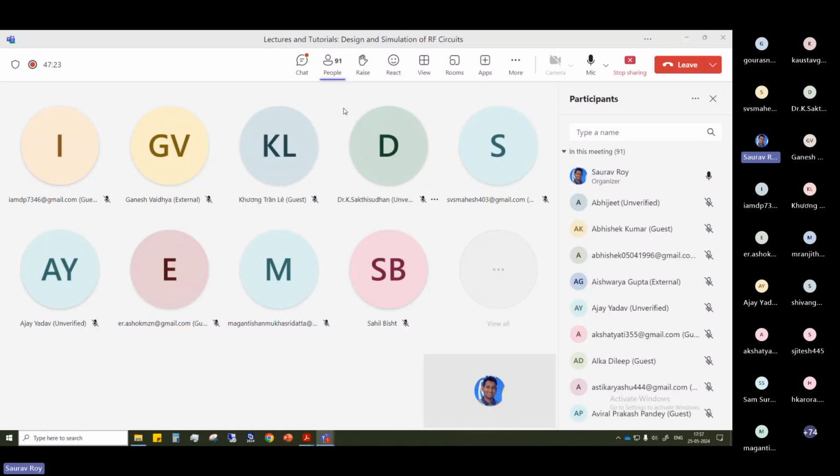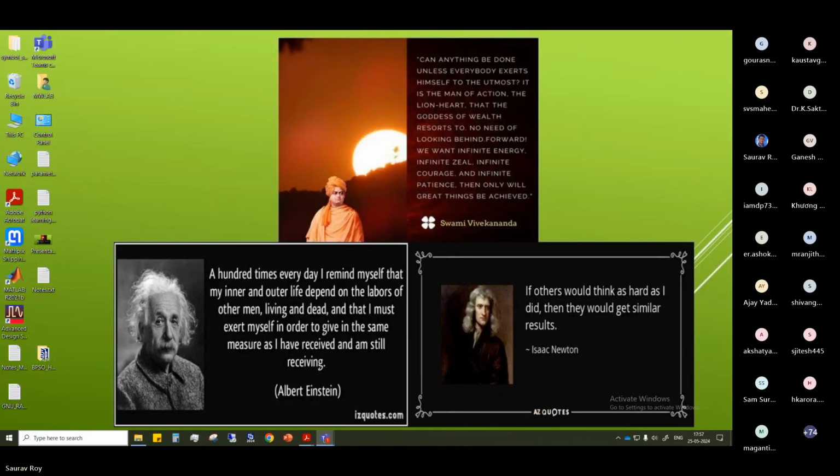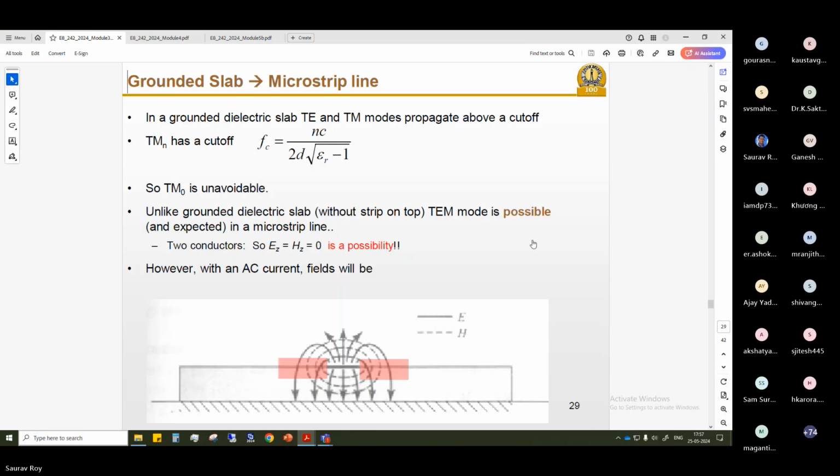So the reason is, to have a TEM wave, we basically need two metals, or two lines. So why is that? If we have only one metal, like in a normal rectangular waveguide or circular waveguide, it's not possible. Why?